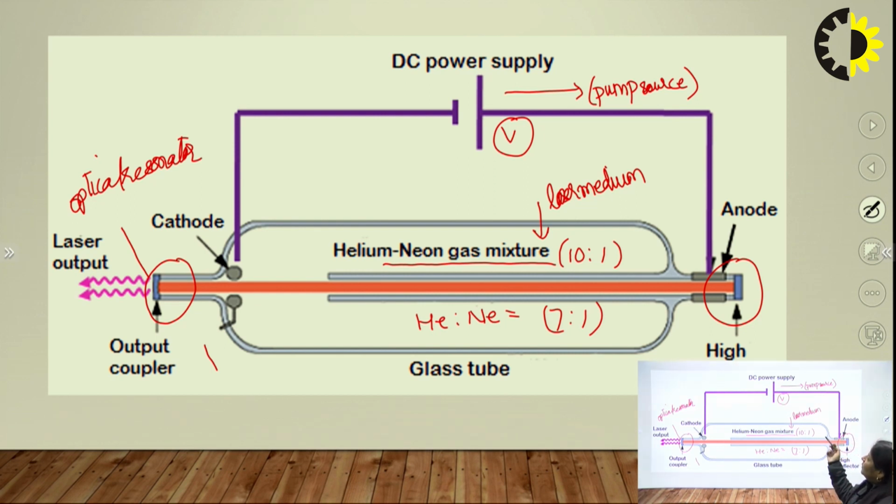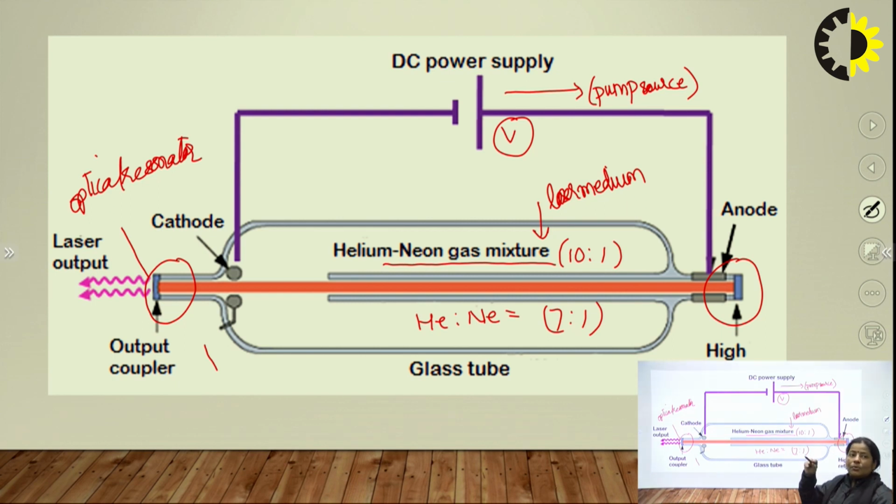As we can see, we are having a DC power supply. When we use this power supply on the glass tube, the electrons travel inside the glass tube and interact with the helium neon gas mixture. When they interact with this mixture, they increase the energies of the helium and the neon.